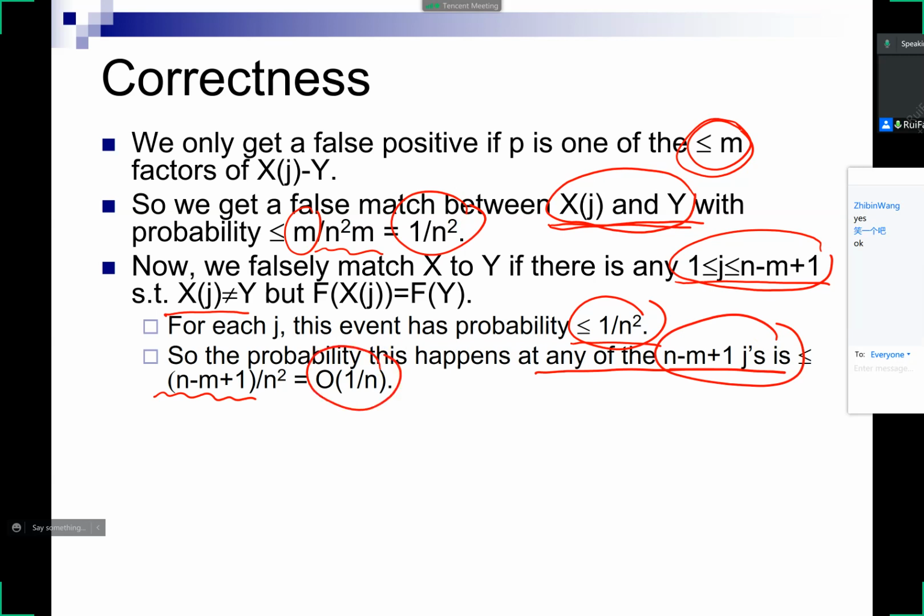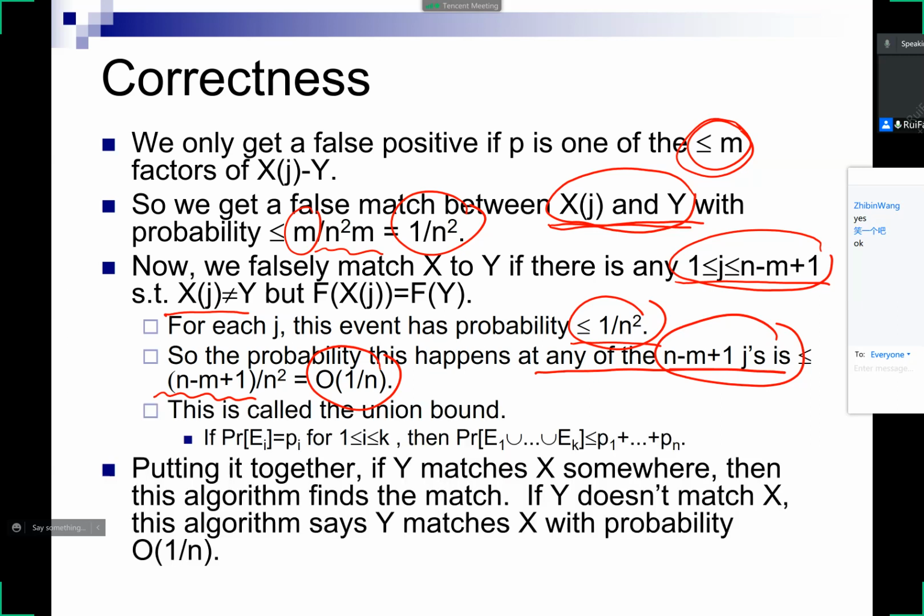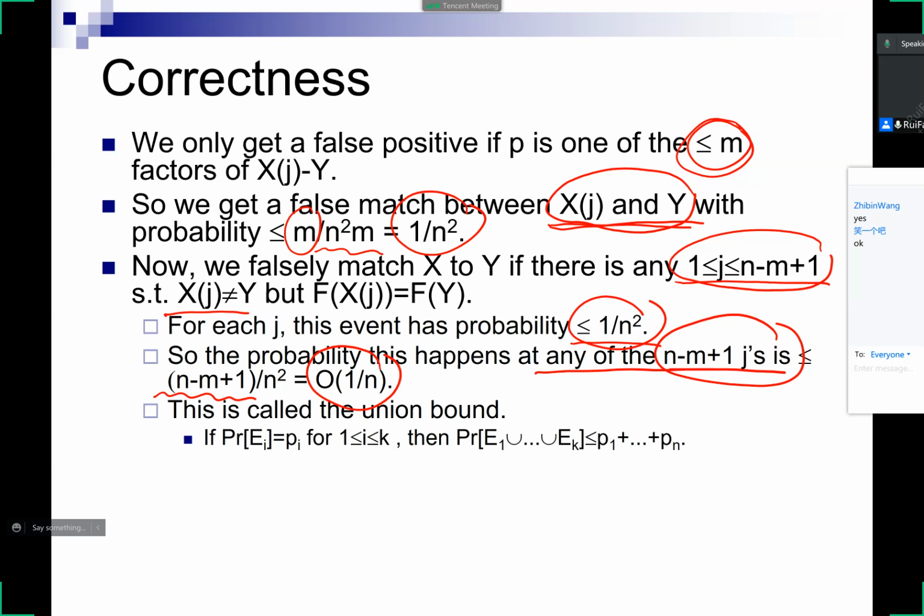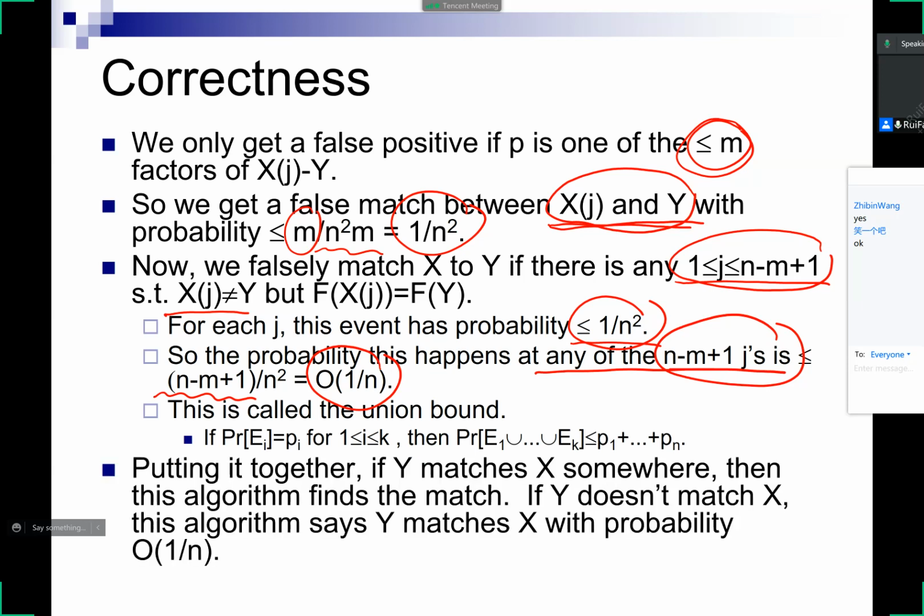And so that's at most 1 over n. Okay. Yeah, so that's a union bound. Okay. Any questions about this proof? Right. So what we're saying is that this algorithm has at most a 1 over n probability of false positives. Okay. Any questions about that?